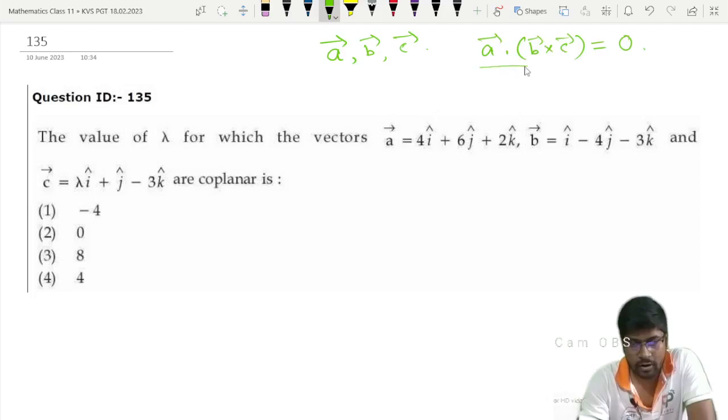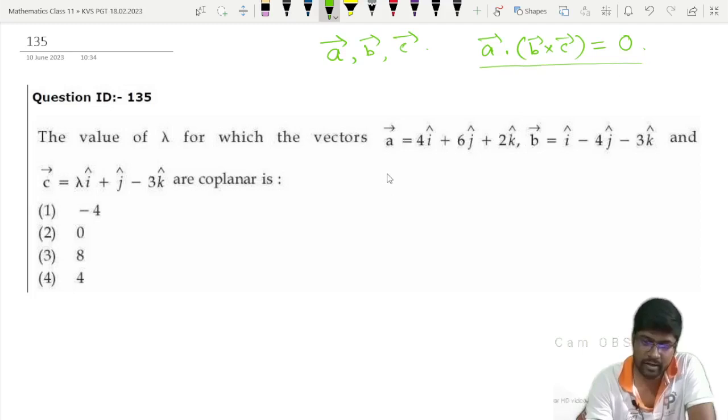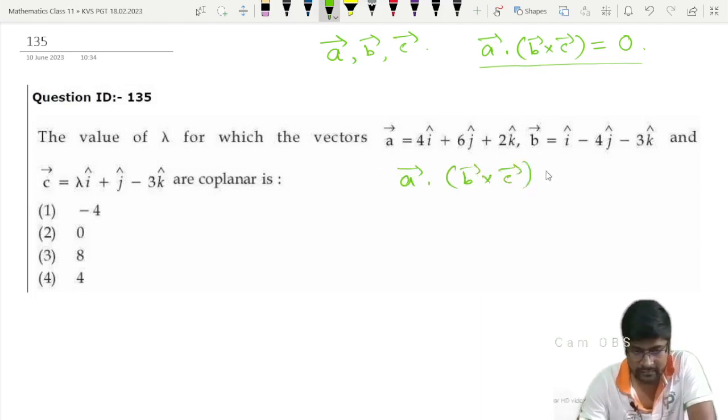That is the condition for coplanarity of three vectors, and that one we will use. If a, b, c are coplanar, then a dot b cross c will be equal to 0.